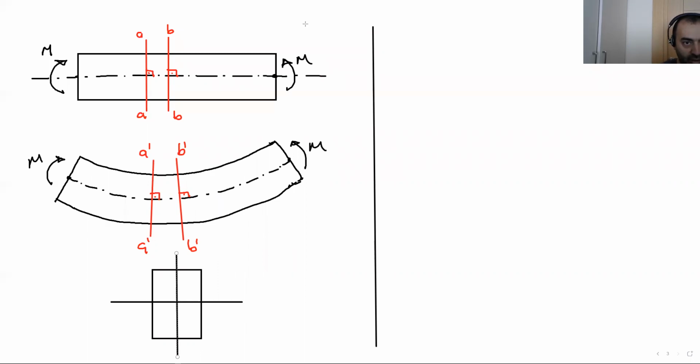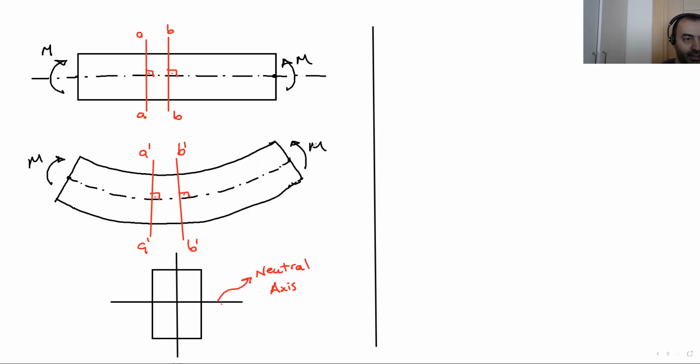So we call this axis the neutral axis. I'm going to explain what it is in the next stage.